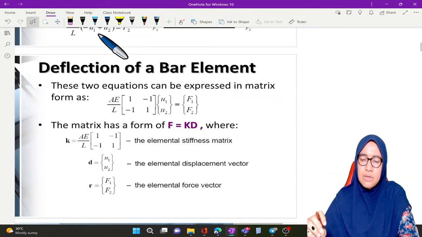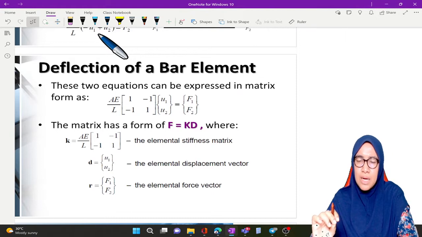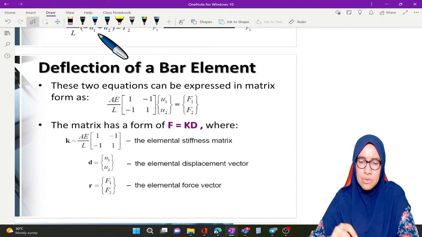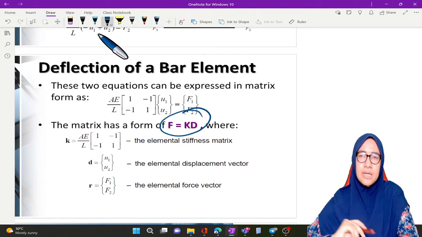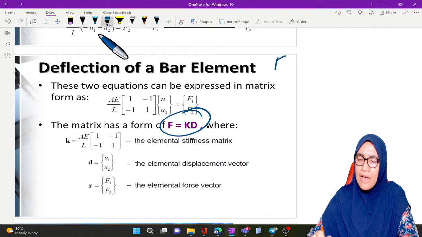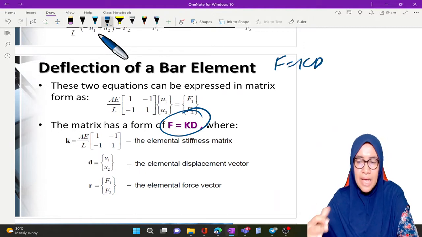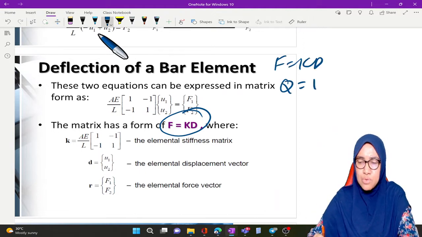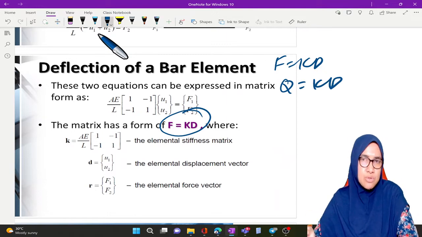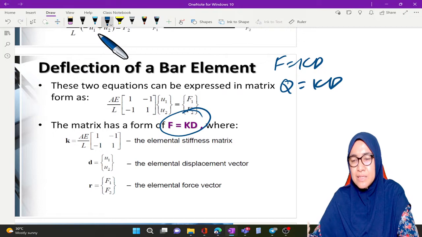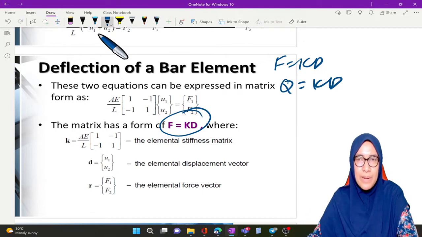Deflection of bar element. We just focus on the keyword in the bar element. The keyword, remember this is the equation: F is equal to KD. In the textbook we use Q is equal to KD. Q is forces, K is stiffness matrix, D is displacement.